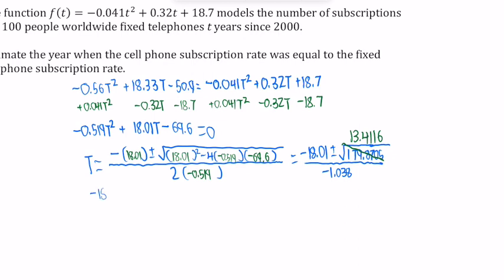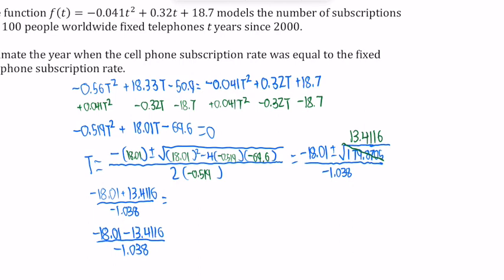So negative 18.01 plus 13.4116 over negative 1.038, and negative 18.01 minus 13.4116 over negative 1.038.